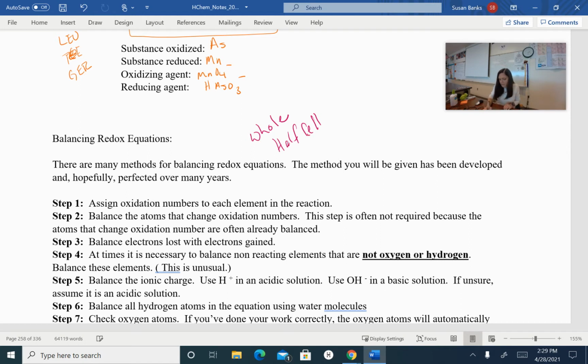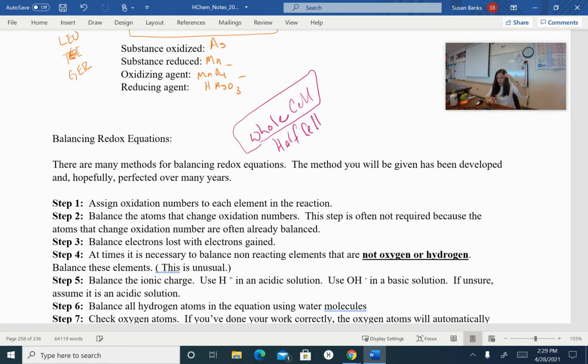So if this whole cell method that I'm teaching you is kind of confusing to you, feel free to look at half cell videos, or I'm happy to teach you half cell if you would rather try something else, okay? But I like whole cell better, okay? It's been developed over many years, and hopefully it's been perfected.